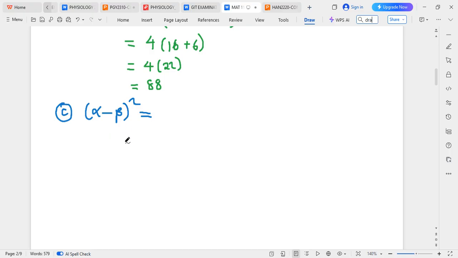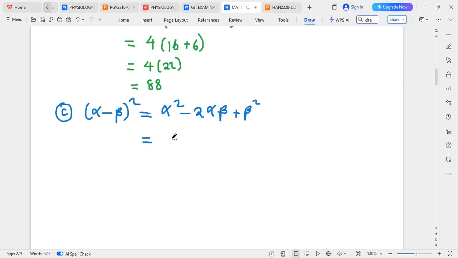Remember, we only know alpha plus beta and alpha times beta. When you expand something raised to the power 2, you get a first term, you square it, and then you multiply with everything inside. So 2 times alpha times negative beta will be negative 2 alpha beta. And then the negative beta also squared will be positive beta squared.